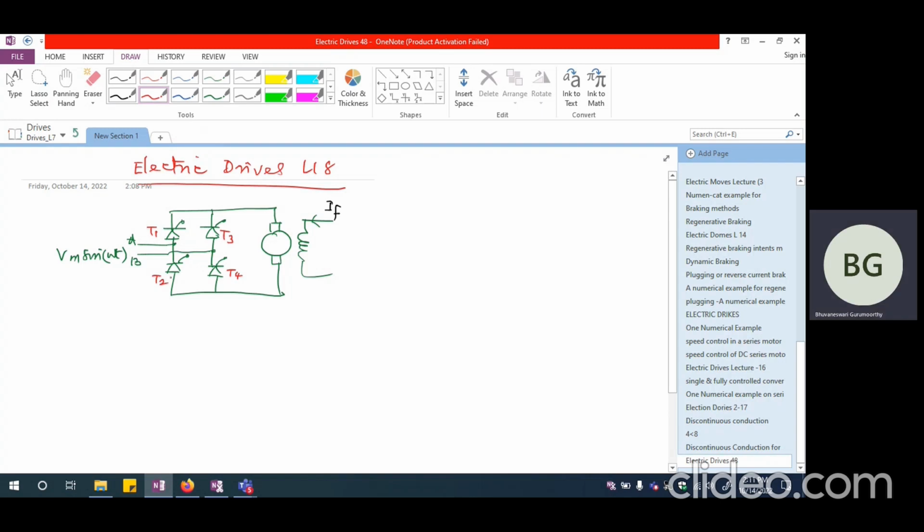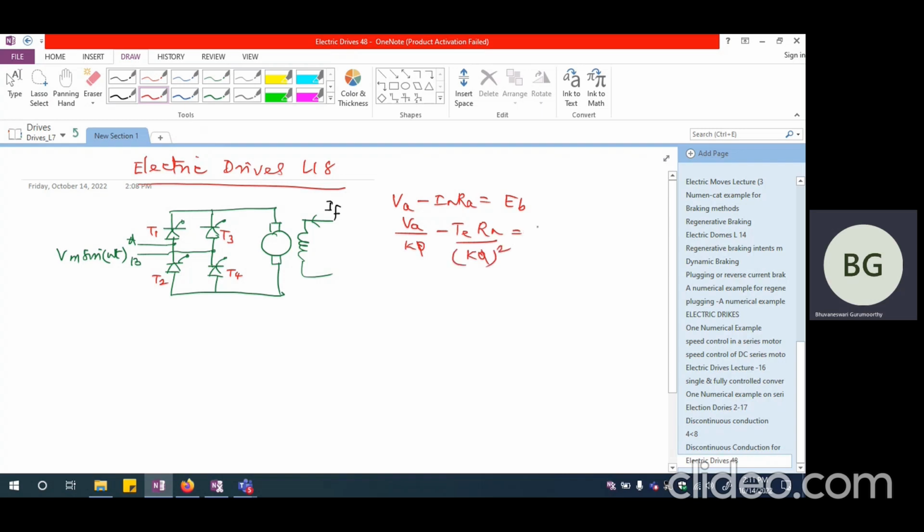Now, we had seen that in motoring operation, basically we are going to have VA minus IA RA equal to EB. And we are going to have omega equal to VA divided by K phi minus TE RA divided by K phi whole square.